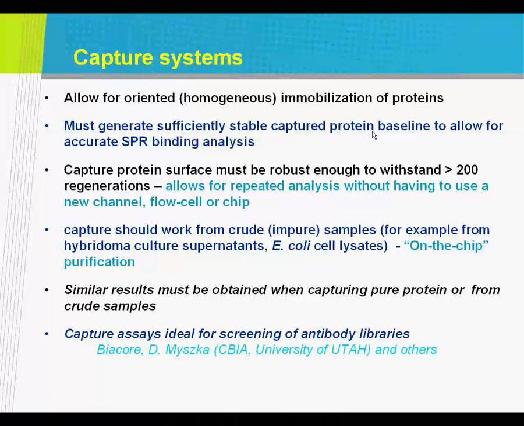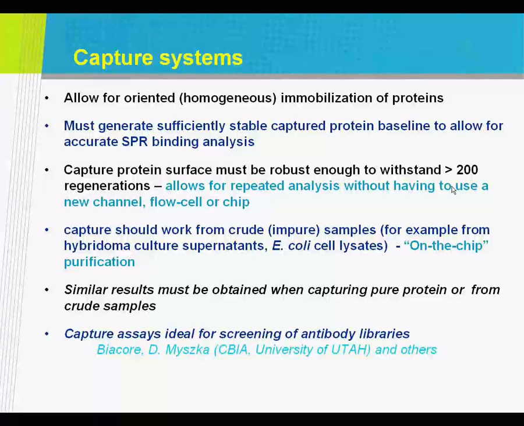Another very important aspect is that the capture should work from crude, impure samples. So you don't need a pure protein. You can take, let's say, your hybridoma culture supernatant containing antibody, or in our case, we showed this with E. coli lysate, and you inject a relatively crude sample and achieve essentially an on-the-chip purification.